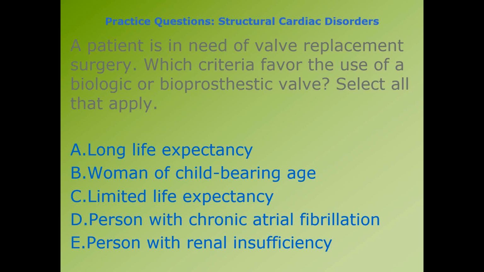One of the criteria for a bioprosthetic valve is that if a woman is in childbearing age, then that woman, if she gets pregnant, is not going to be able to take the long-term anticoagulant that is needed for a mechanical valve. So that's one reason.